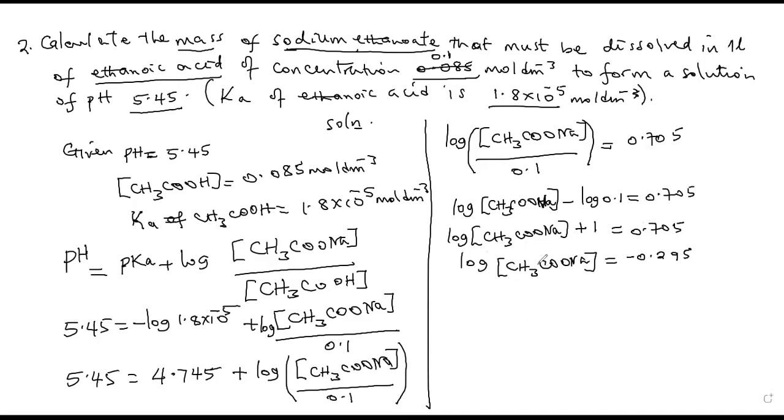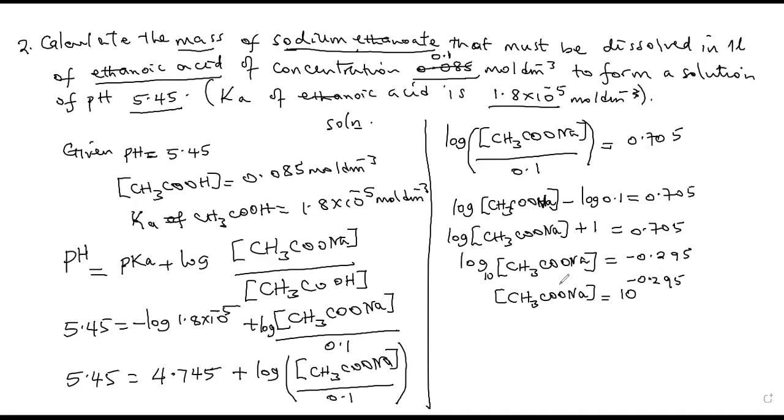But we are interested in the concentration of sodium ethanoate first, so we shall take the anti-logarithm. And since this is logarithm to base 10, however, it is a natural base, that's why I've not been showing it, but it is automatically 10. If the base is not shown, then simply know that we are dealing with base 10. So the concentration of sodium ethanoate would be equal to the anti-logarithm of negative 0.295.